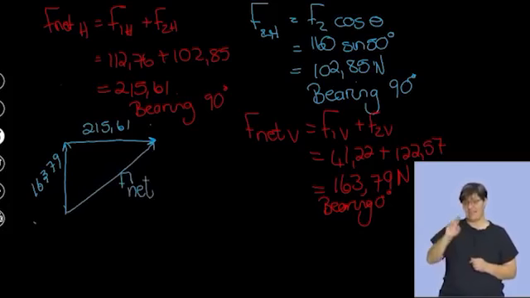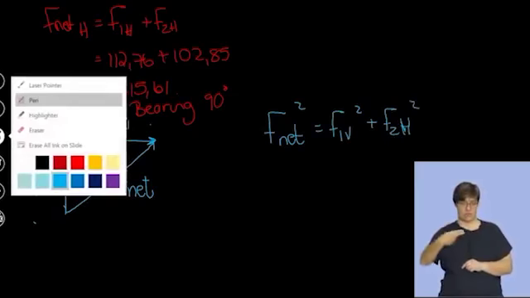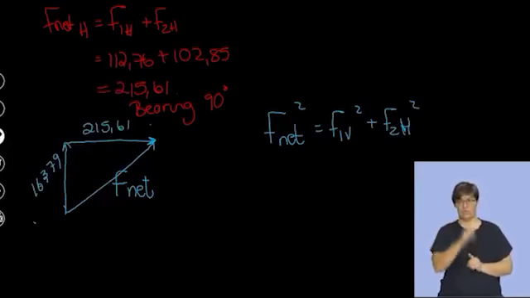So, let's use Pythagoras, the square of the hypotenuse. So that's F net squared is the sum of the squares of the other two sides, vertical and horizontal. And actually, I don't need the 1 and the 2 there because we're using the net values here, okay?